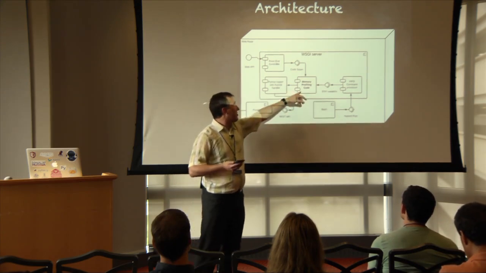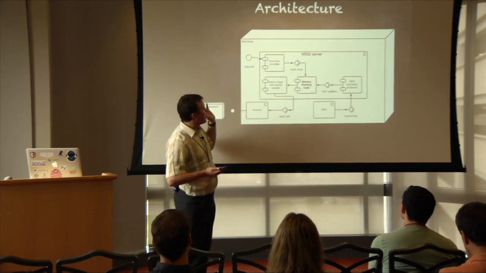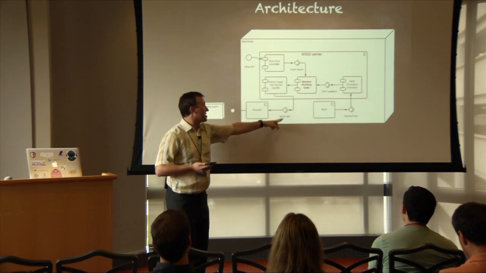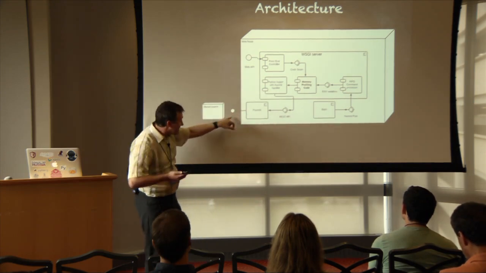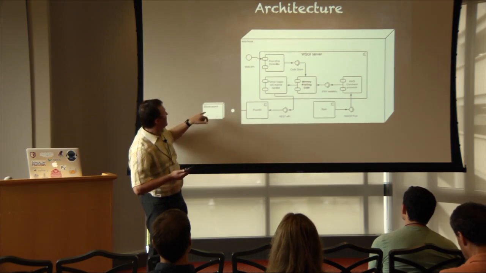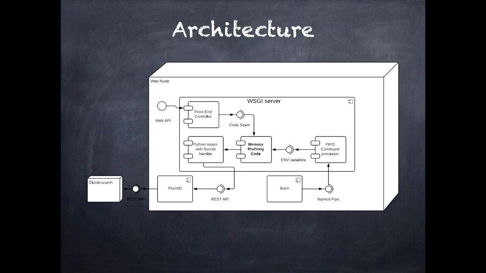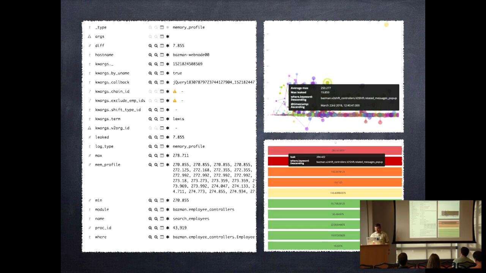Once the memory profiler captures what it needs to capture, a relatively rich JSON object, it feeds it through the logger REST API into FluentD, and then another REST API into Elasticsearch. So that's the architecture. I think it's a little more visual and better than the text.